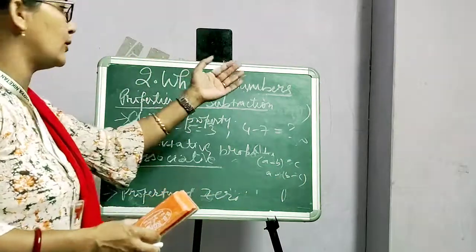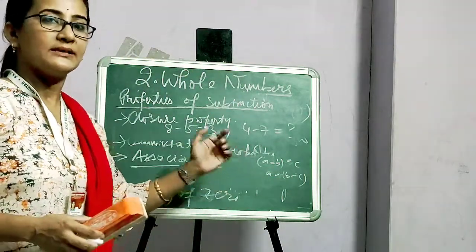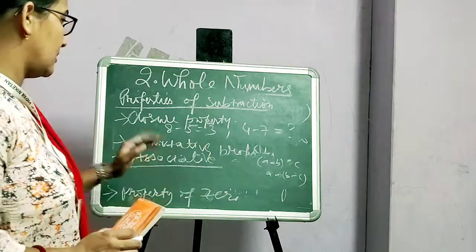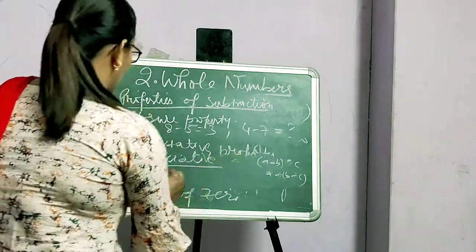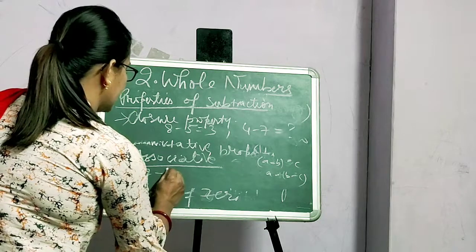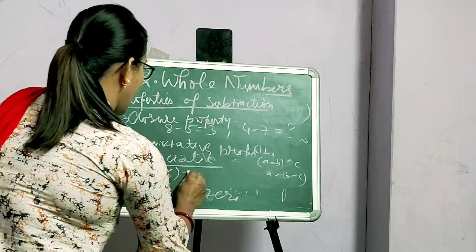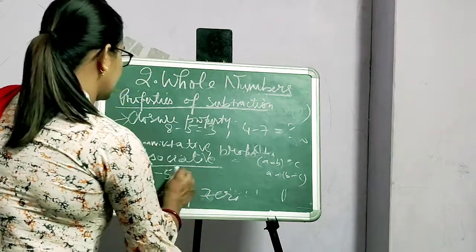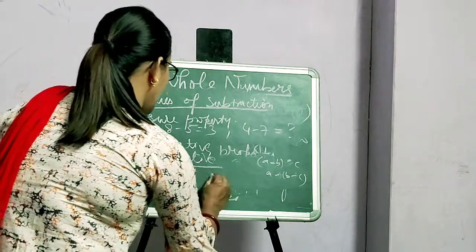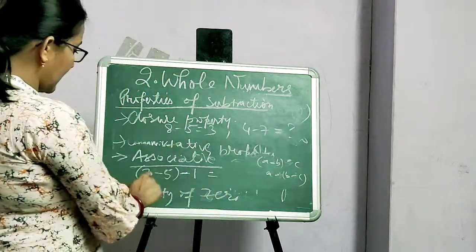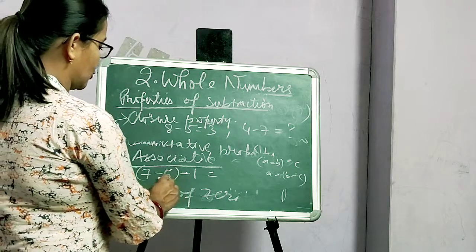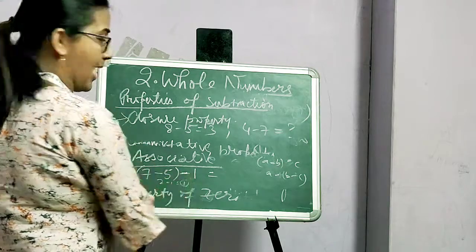Whatever was there in case of addition, we just change the sign to minus. Now I will take one example. 7 minus 5 minus 1. What will it come to? 7 minus 5 is 2, minus 1, answer will be 1.